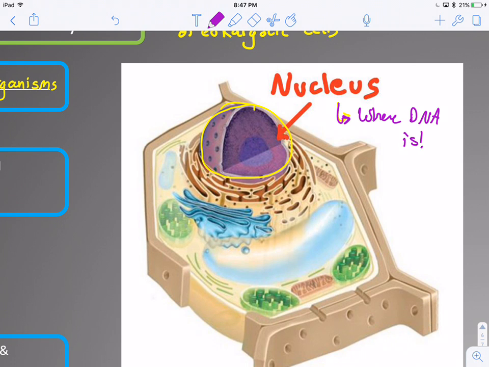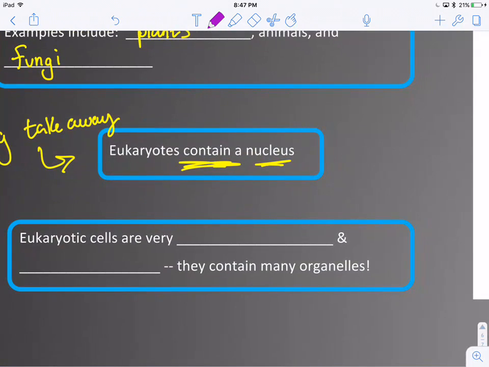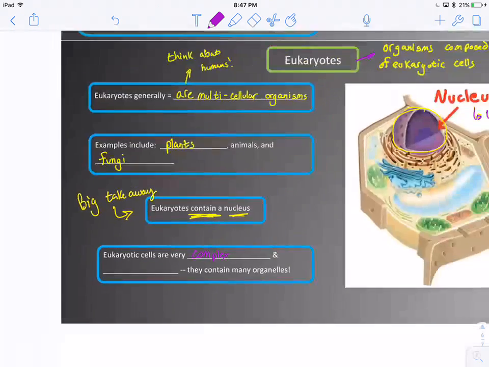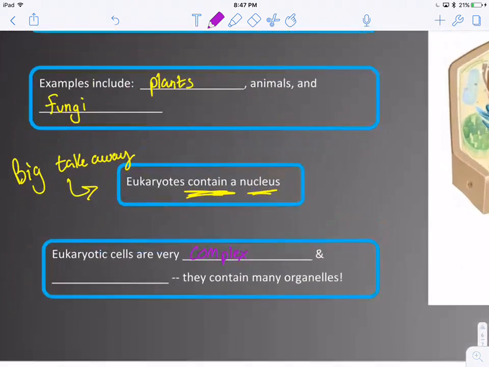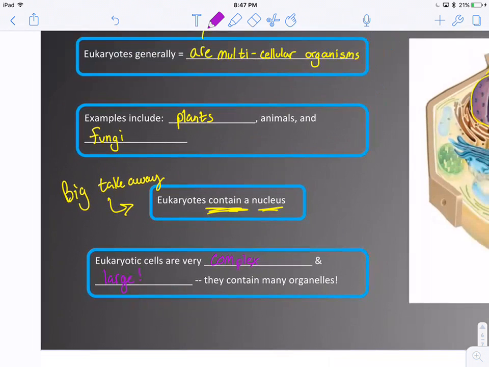And then very lastly, eukaryotic cells are very complex and they contain a nucleus. They're very complex and large sometimes. They contain many, many things.